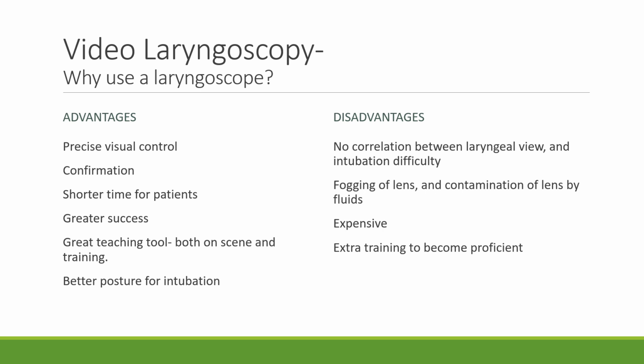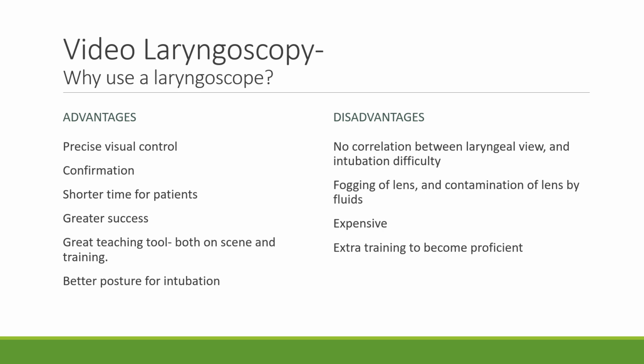Now, we will try and prevent this most of the time with the SALAD technique, which is suction-assisted laryngoscopy airway decontamination. You don't necessarily have to remember what that acronym means, other than the technique itself. The technique's very useful, particularly in very vomitous, bloody airways. We should be using the SALAD technique with every single video laryngoscope, because it also helps prevent the fogging, because the suction pulls away a lot of that humidified air.